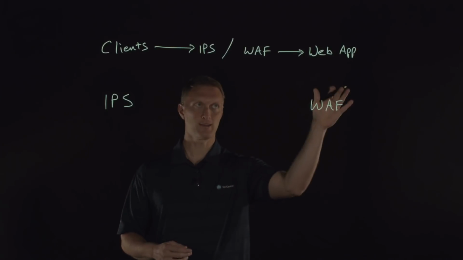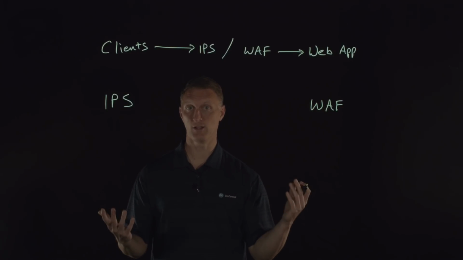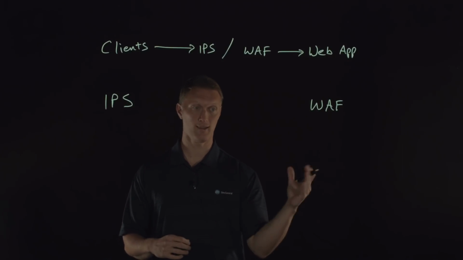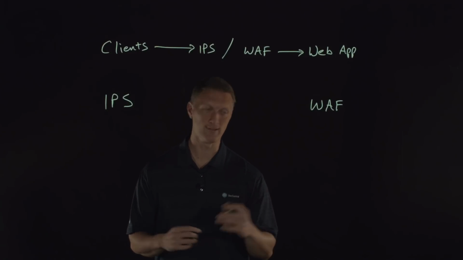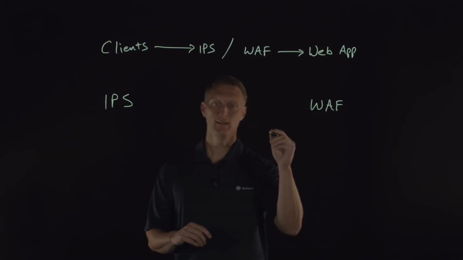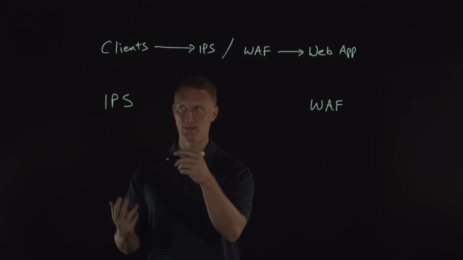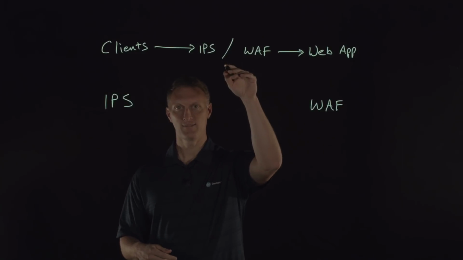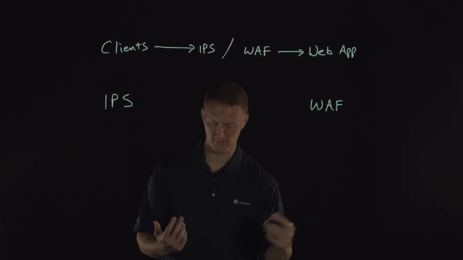If a threat came through, it wouldn't actually do anything except alert the administrators or log, to say, hey, your application just got hacked. That quickly grew into what is now known as an IPS. The IPS does the same thing as the old IDS, except it actually prevents stuff. So it actually does something.